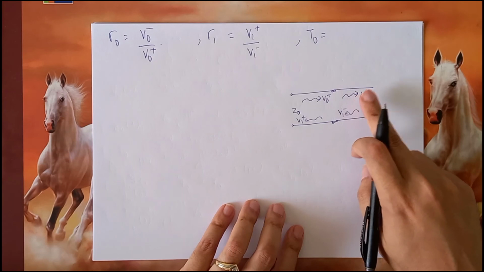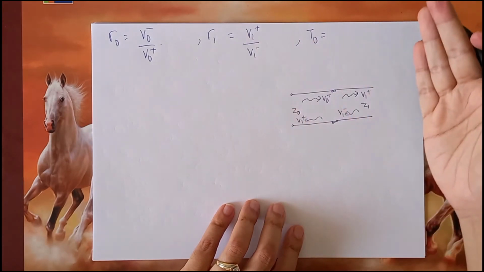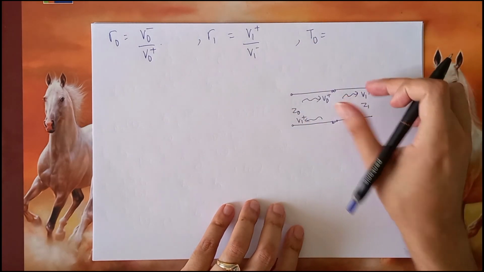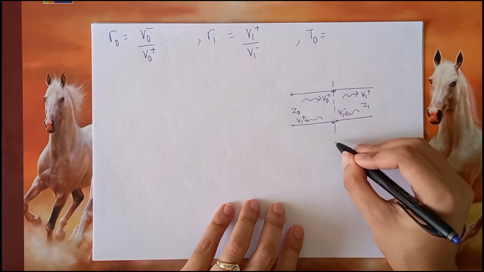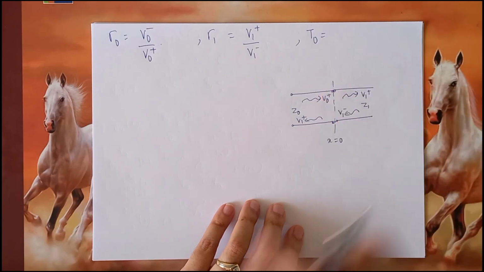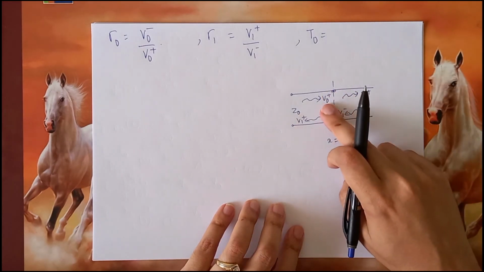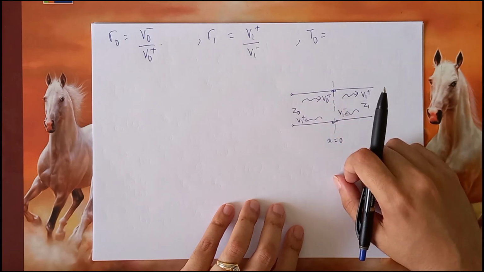So transmission coefficient is obtained when we take the voltage at the other side divided by the input voltage at the input side.